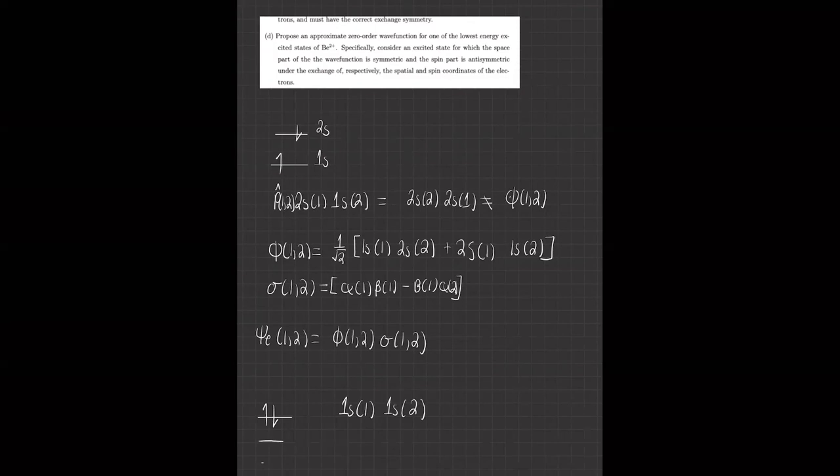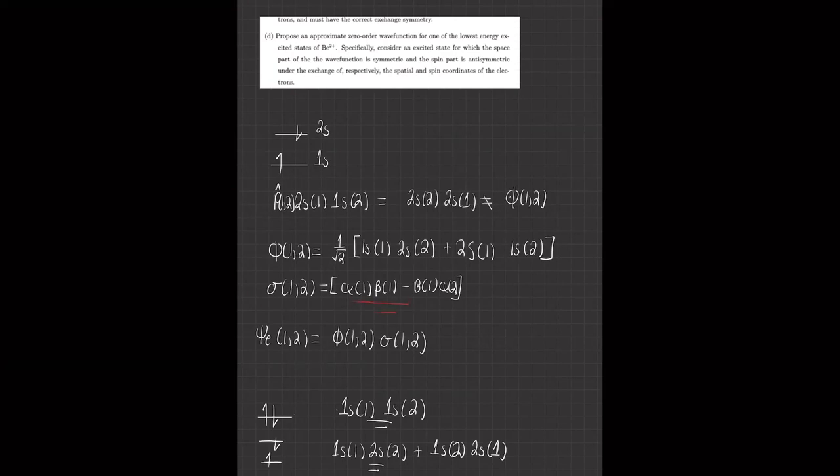If there are two electrons in two different orbitals, you can just write 1s1, 2s2 plus 2s1, 1s2. So if they're both in the same orbital, you can write it like this, and if they're not in the same orbital, you can write it like this. And if they're saying that the electrons are antisymmetric, then you can write it like this, with a minus sign. Does that make sense at all?